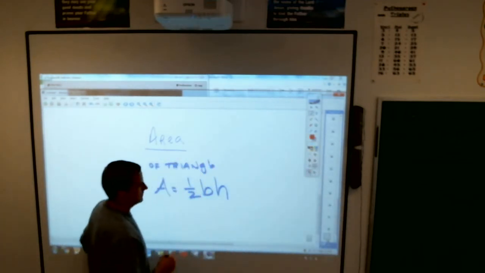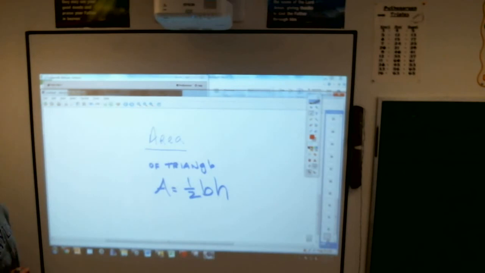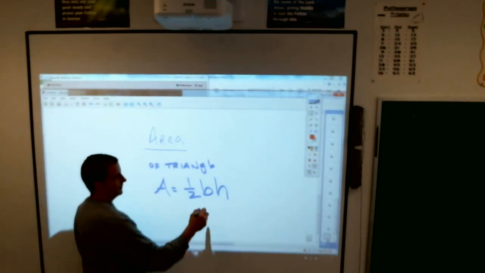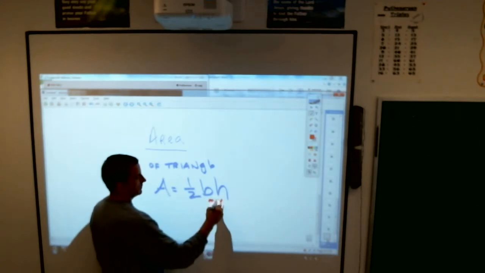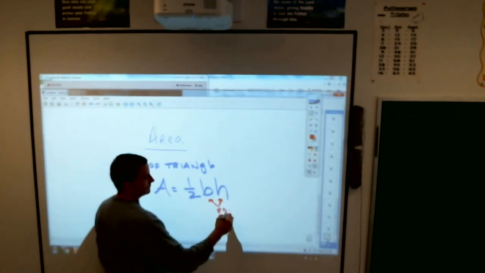And you cannot forget what the base and the height are and what has to be true about them. Wade Davis? Does it have a right angle? Yeah, these two have to form a right angle.